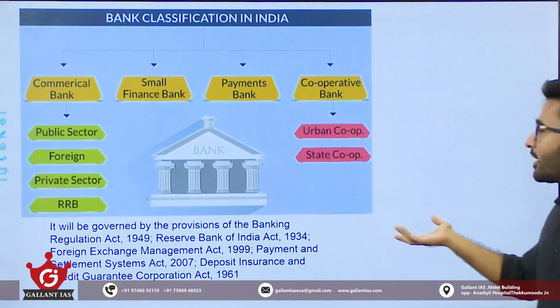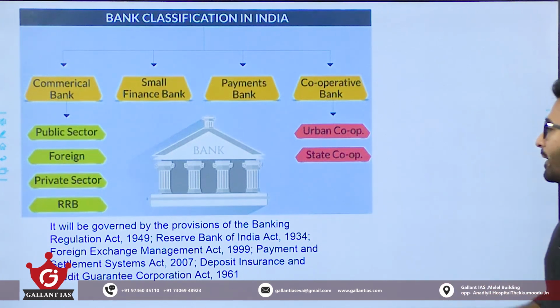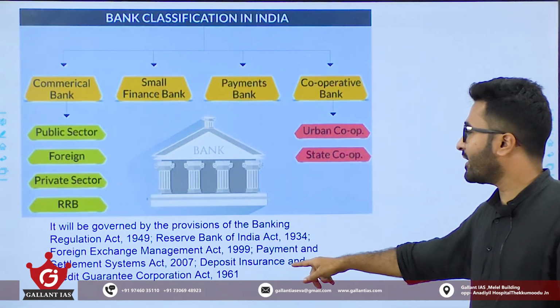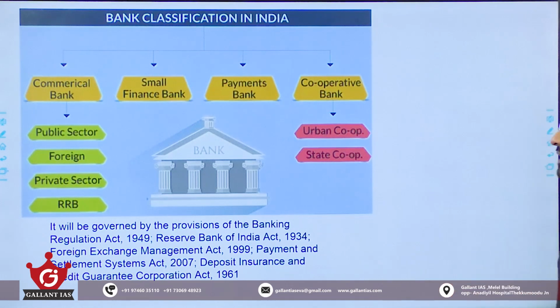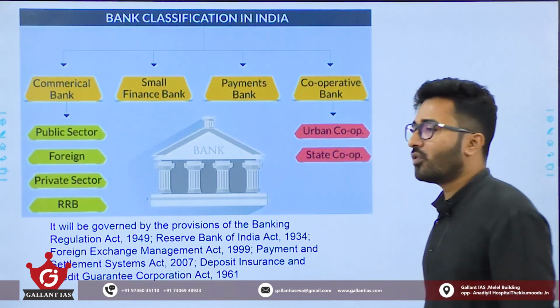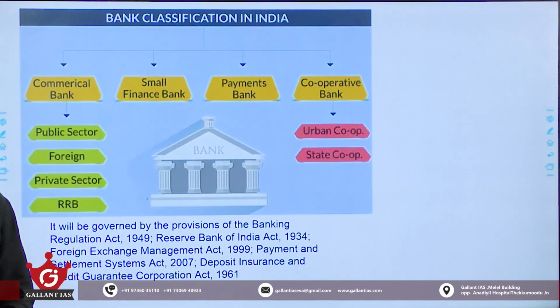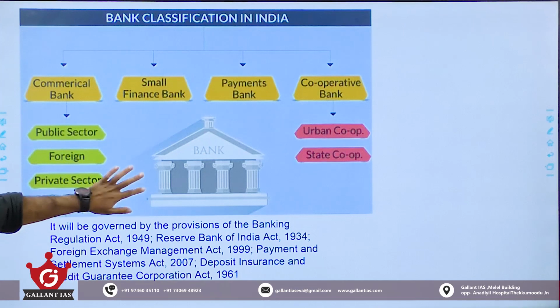Then the Foreign Exchange Management Act, the Payments and Settlement Systems Act 2007, and the Deposit Insurance Act 1961. These are a few acts used to regulate banks in India. Just keep a fair idea; no need to mug up.